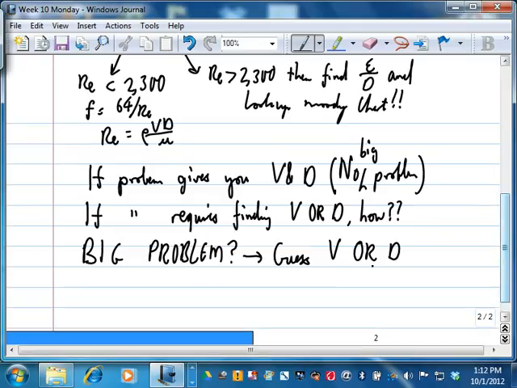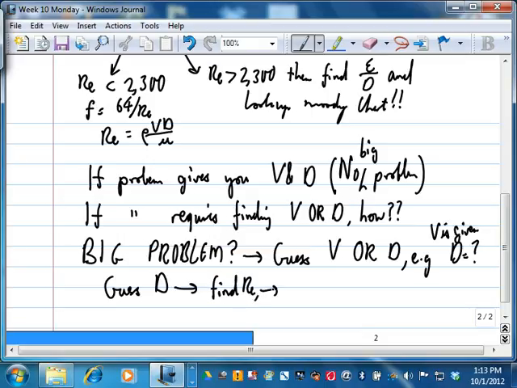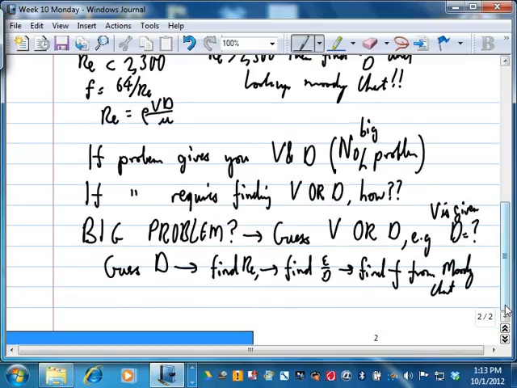With the guessed diameter, find RE, then find e over D and find F from the Moody chart, or if laminar flow, from the laminar formula.